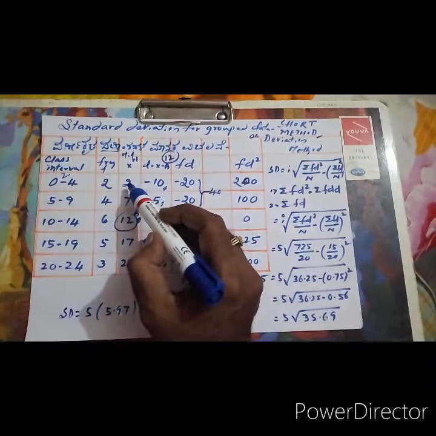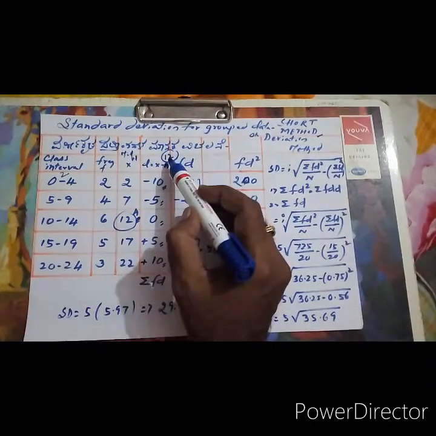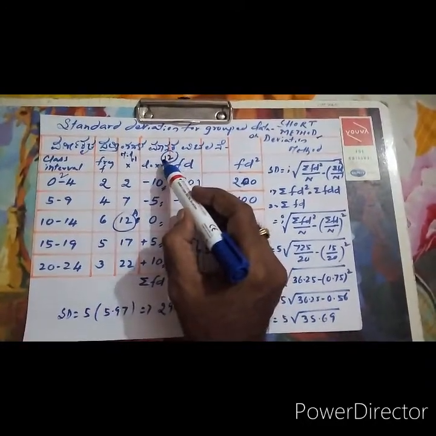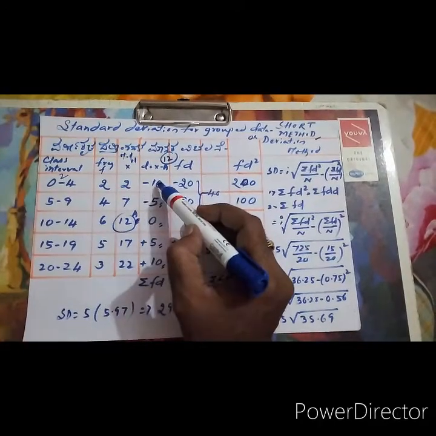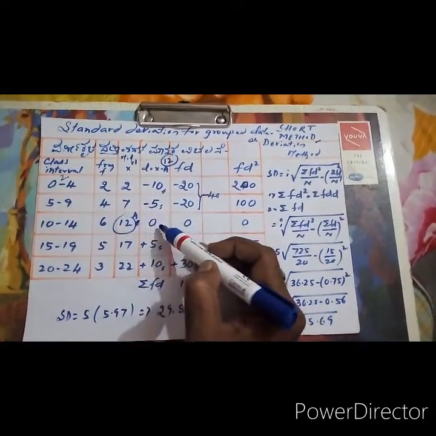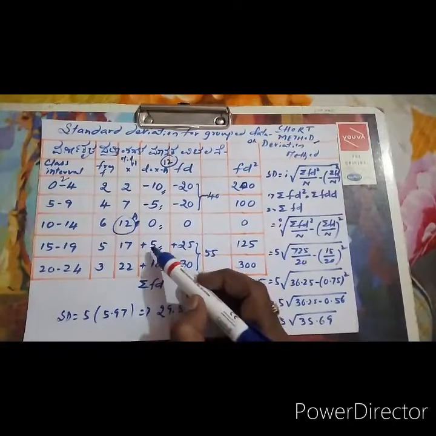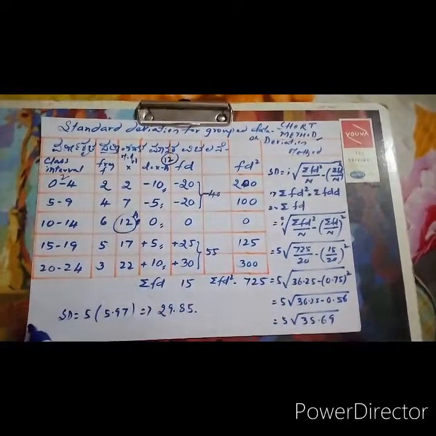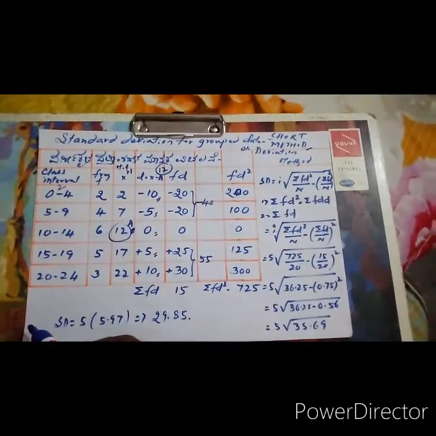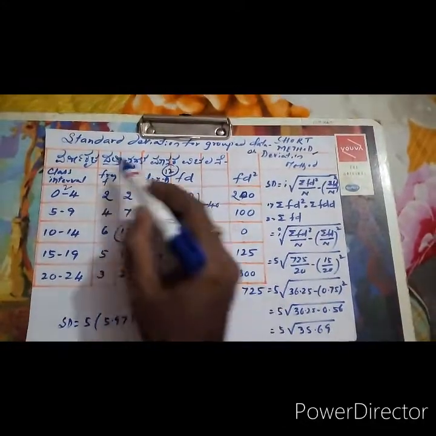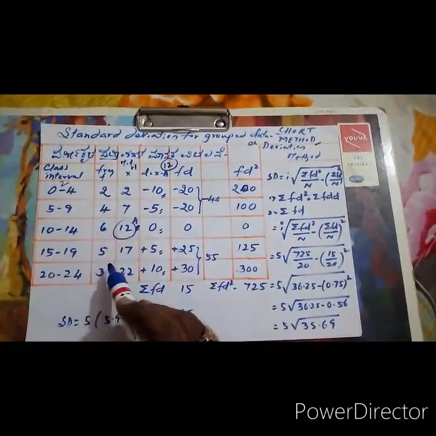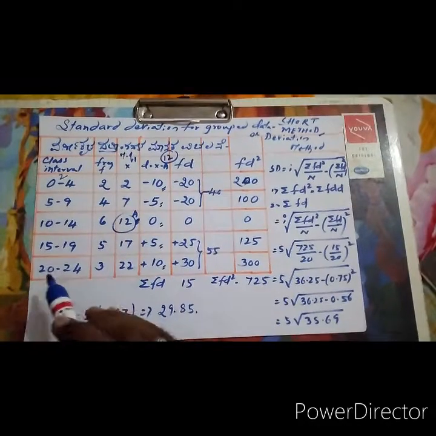See here, 2 minus 12 is minus 10 because 12 is the bigger value. So minus 10, minus 5, 0, plus 5 and plus 10. Now these are the 4 major columns that we concentrate on.